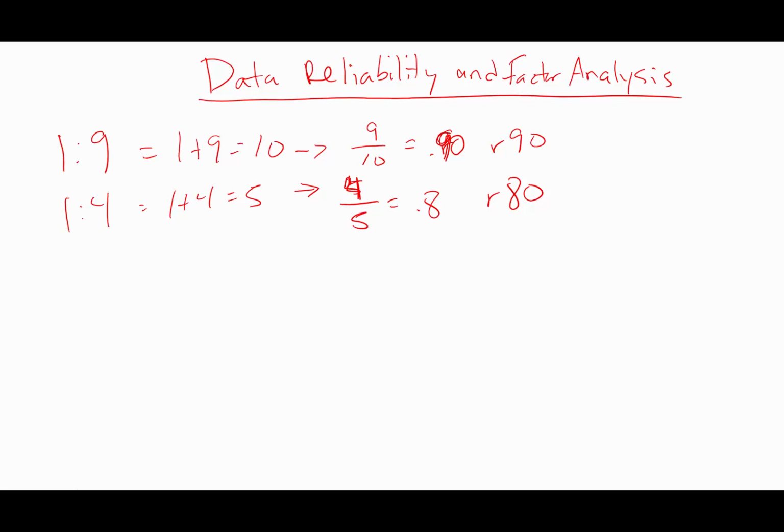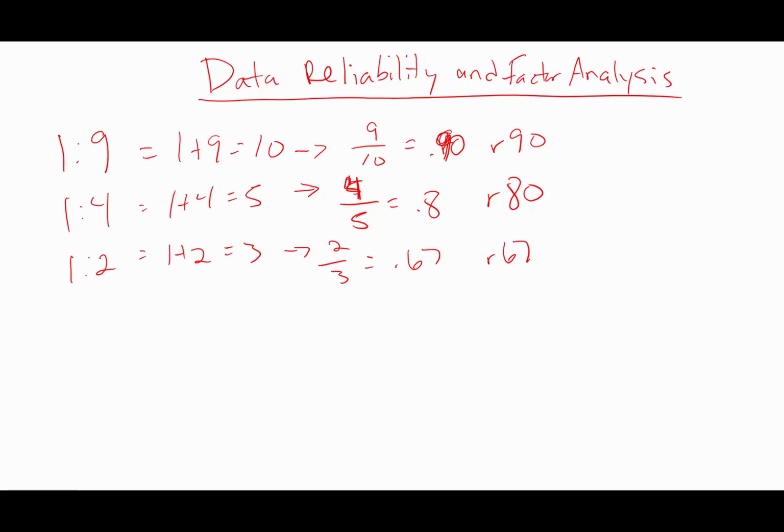Next, 1 part to 2 parts, 1 plus 2 equals 3. 2 over 3 is 0.67, calling this R67.